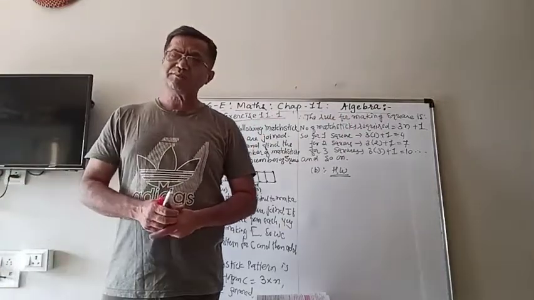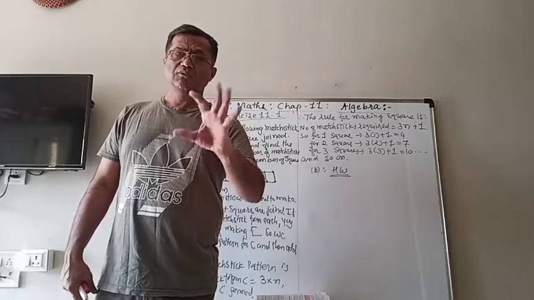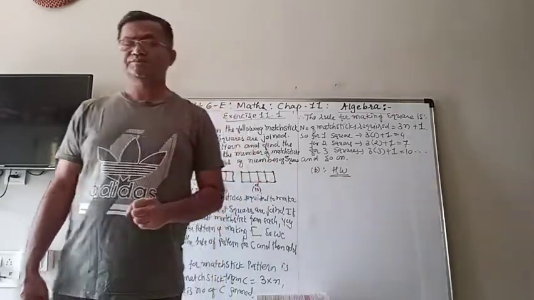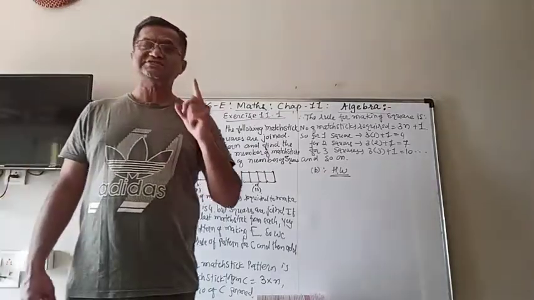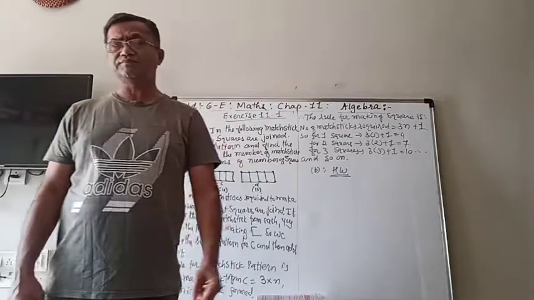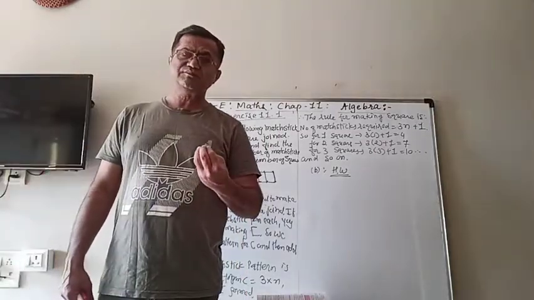So now remember, what was the rule for the matchstick pattern of making C? We know that to make one C, 3 matchsticks are required. It means that what was the general rule?